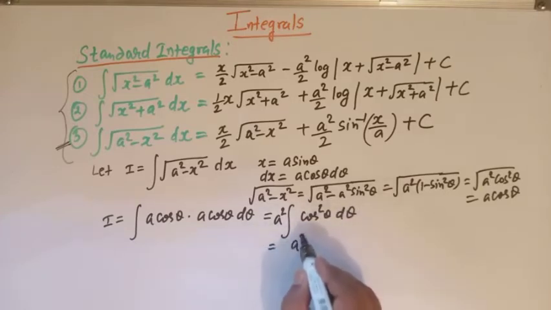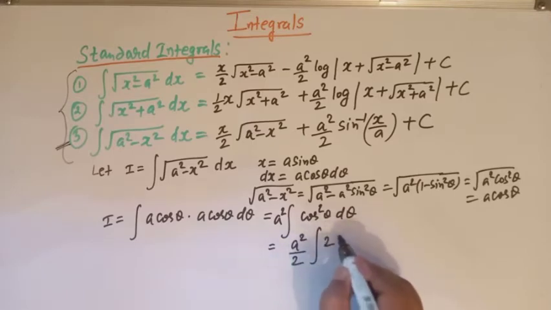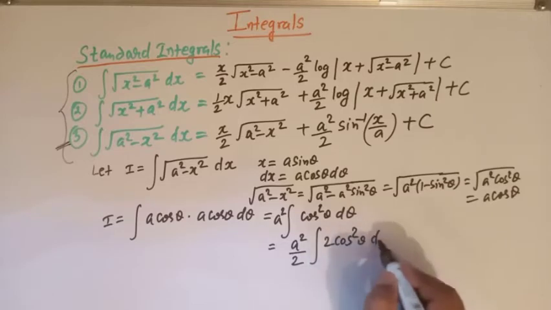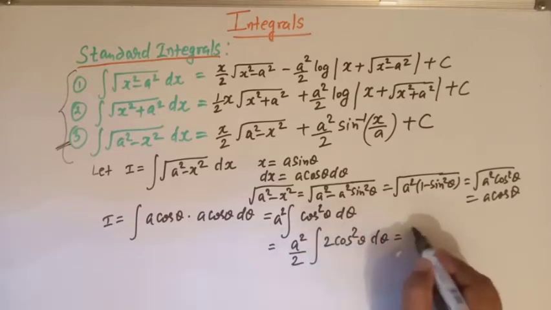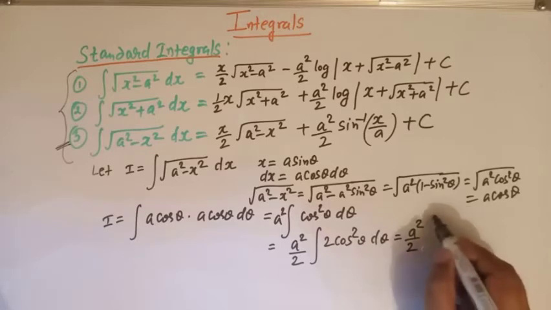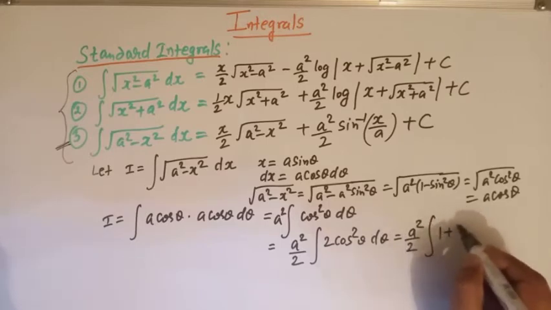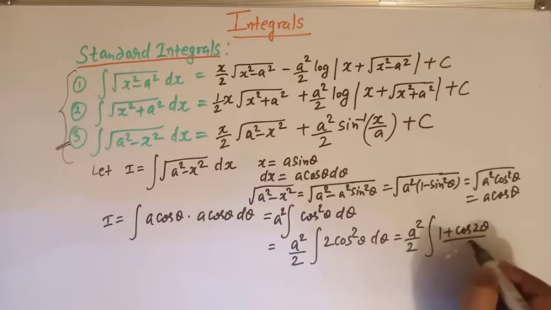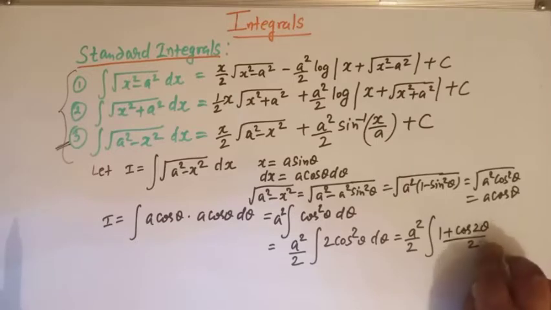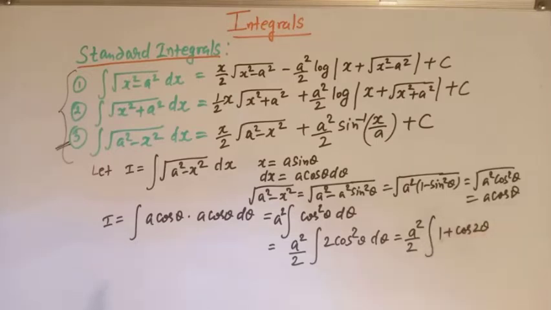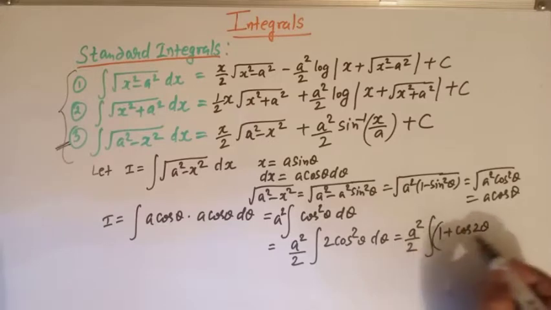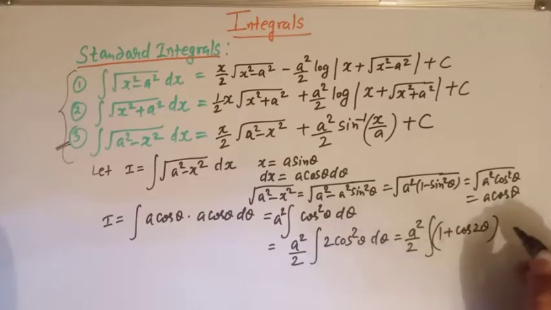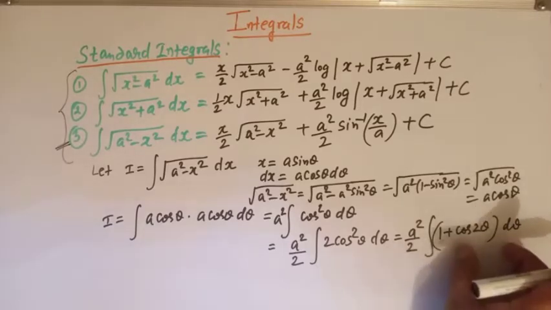We can write a square by 2 times the integral of 2 cos square theta d theta, which is a square by 2 integral of 1 plus cos 2 theta d theta. Clear? This is a trigonometric identity, and now we have to evaluate this integral.